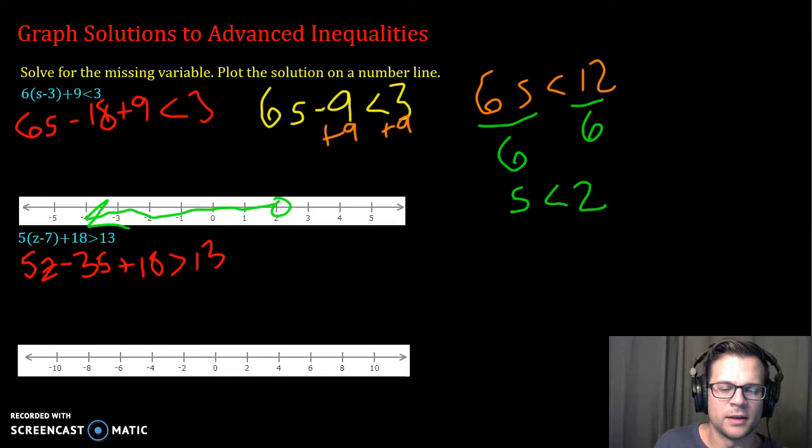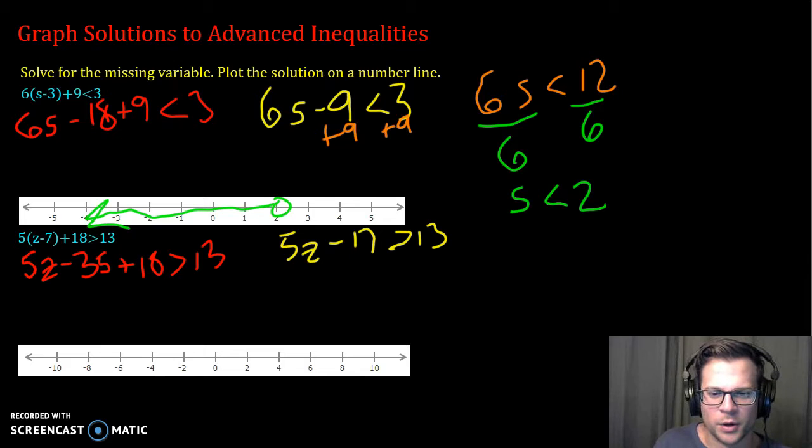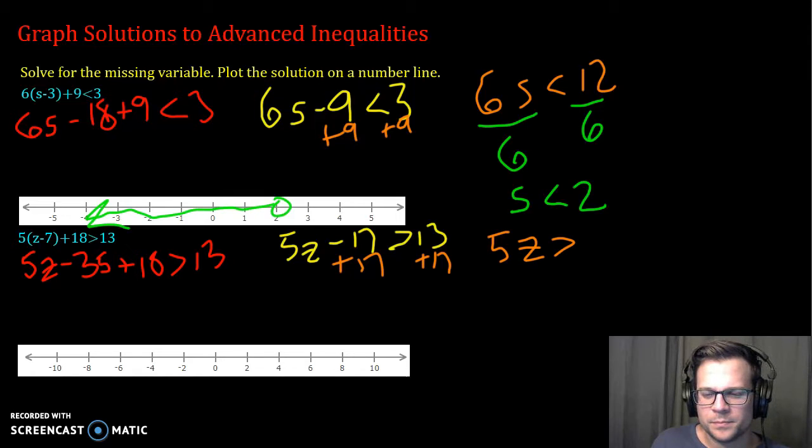Negative 35 and a positive 18 is negative 17. Then we're going to go ahead and add the 17 to both sides. And then divide both sides by 5.